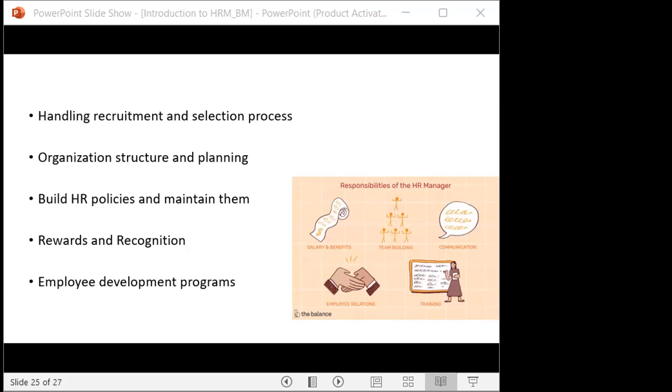So if you go through some of the vacancy advertisements which appear on Top Jobs, you will find the same related responsibilities which I have explained so far. Right? So am I clear to everybody? Yes, ma'am. So anything which is not clear, you can ask me now.